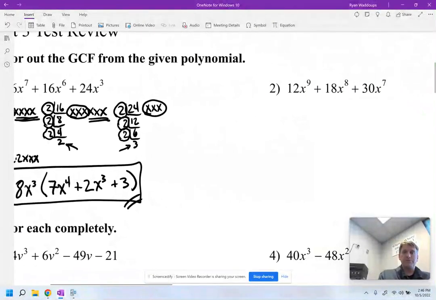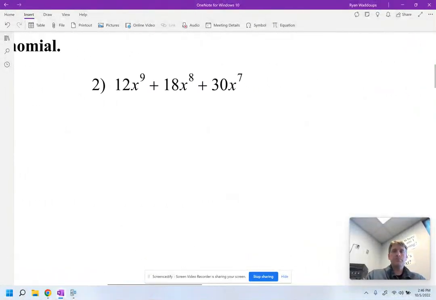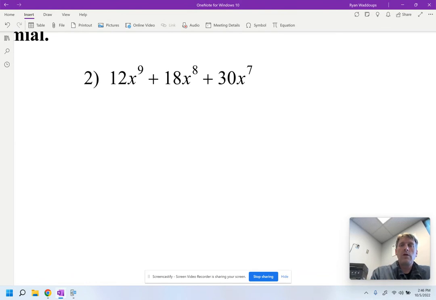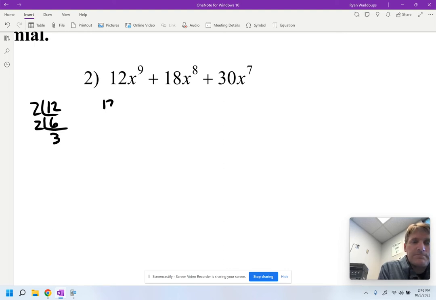All right, let's look at number 2. So 12 is 2 times 6 and 2 times 3. And 18 is 2 times 9, and 9 is 3 times 3.